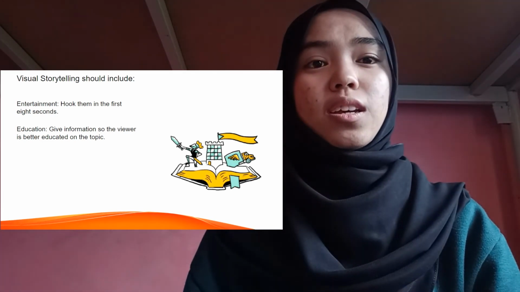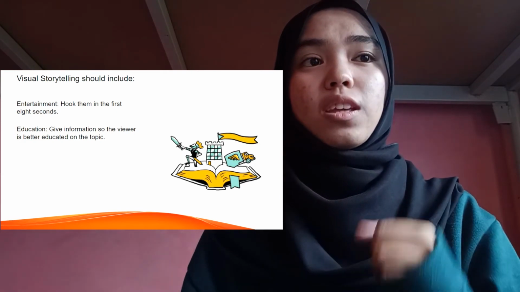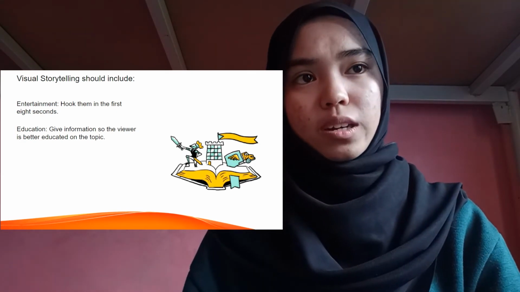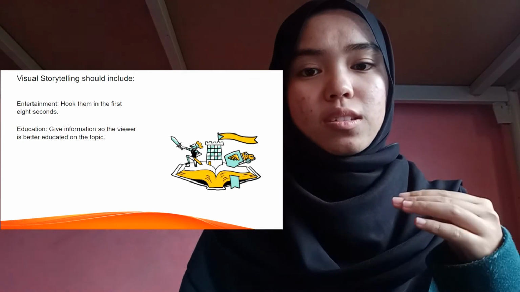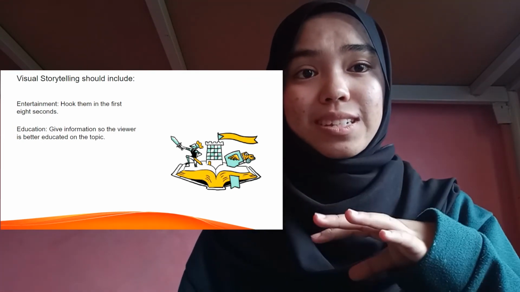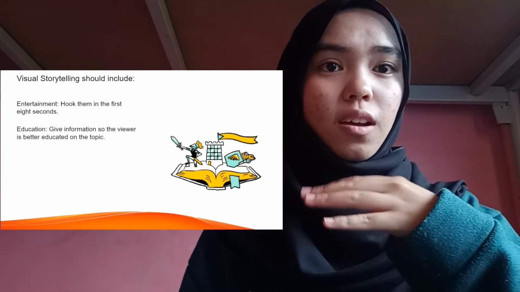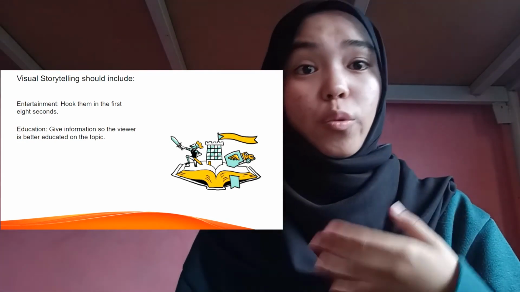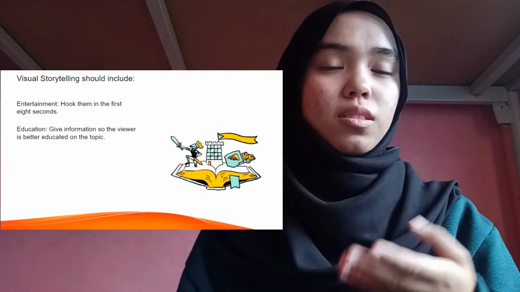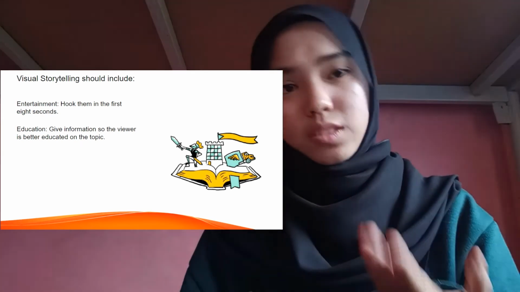Second, education. Visual storytelling should give information so the viewer is better educated on the topic. For example, you have to put messages in the stories, and you can also spread awareness through visual storytelling, for example, about sexual harassment.